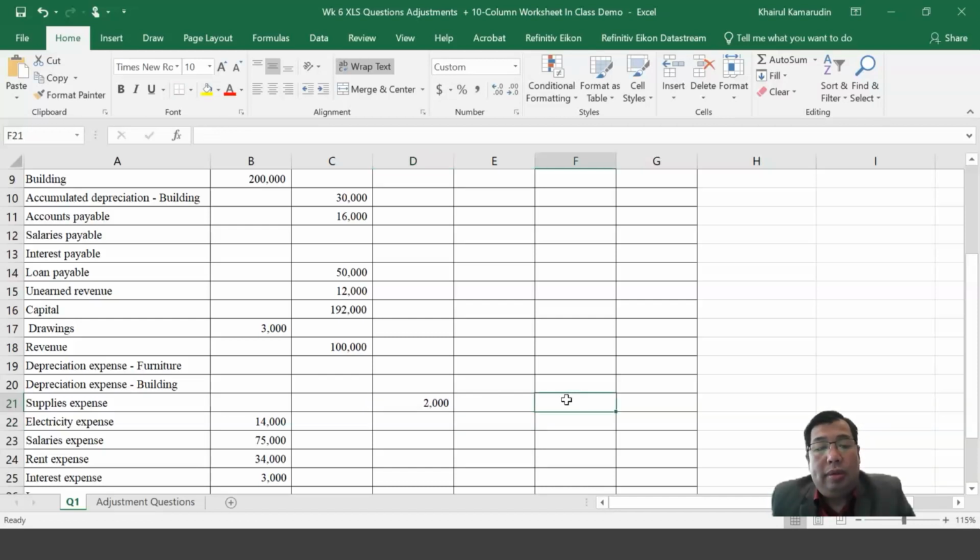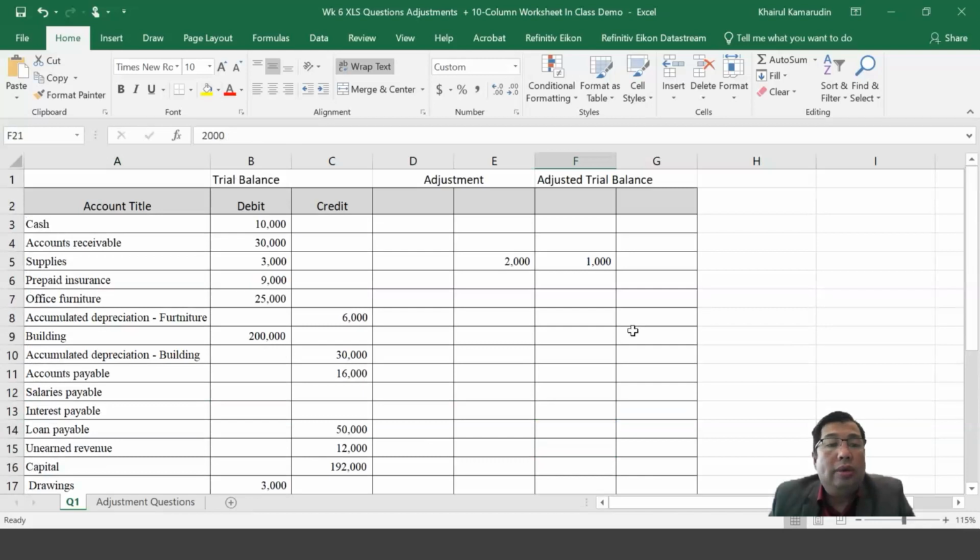So the new balance will be 2,000. Our supply expense now is 2,000. Our supply is 1,000, because the question clearly states that from 3,000 you already used 2,000. So that left you with 1,000 supply. The 2,000 that you have used is your expense, that is your supply expense.